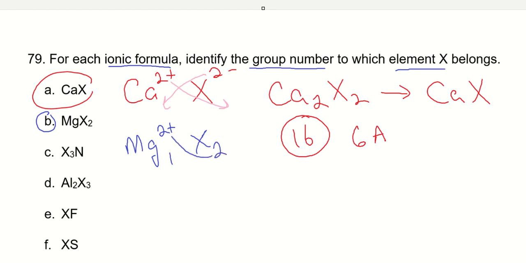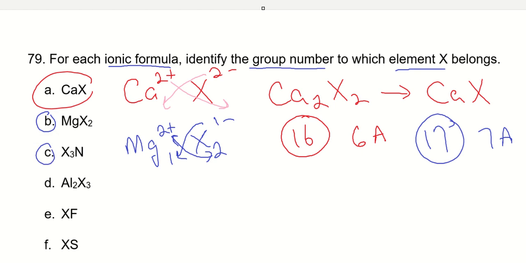So this 2 came from the charge on the magnesium. So the charge on X must be 1 negative, because the ratio is 2 to 1 for that anion. So this is group 17, it's a halogen. X is a halogen, or if you have an older periodic table, 7A.